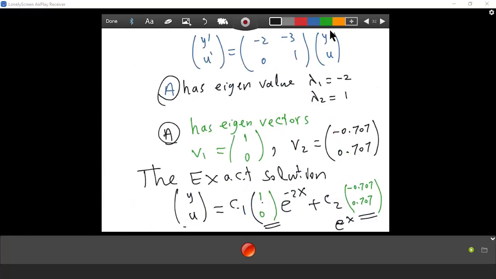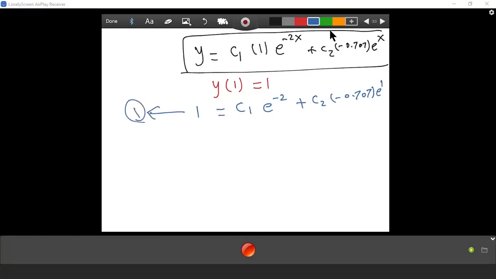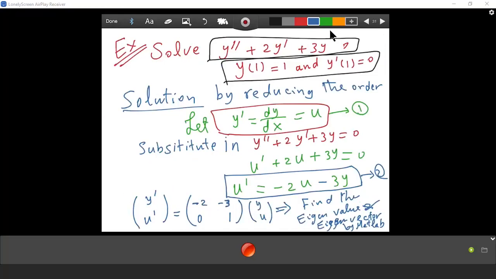So I have to use this to find C1 and C2. y at 1 equal to 1, so 1 equals C1 e to the minus 2, since x is 1, plus C2 times minus 0.707 e to the 1, right? This is my first equation. Now I'm looking for the second one. The second one depends on the second initial condition, y dash of 1 equal to 0.